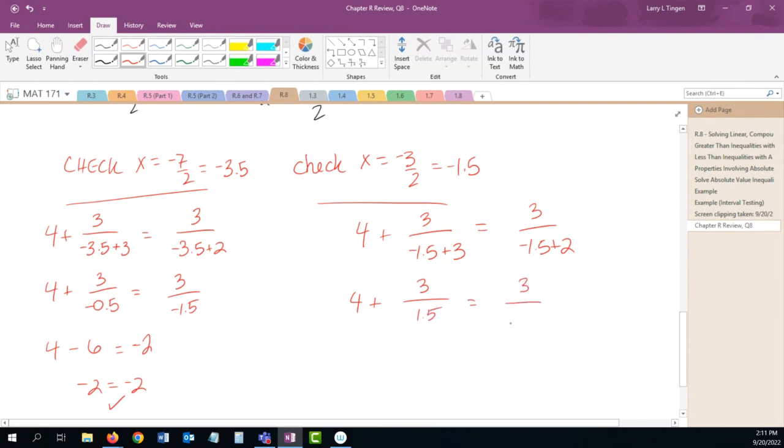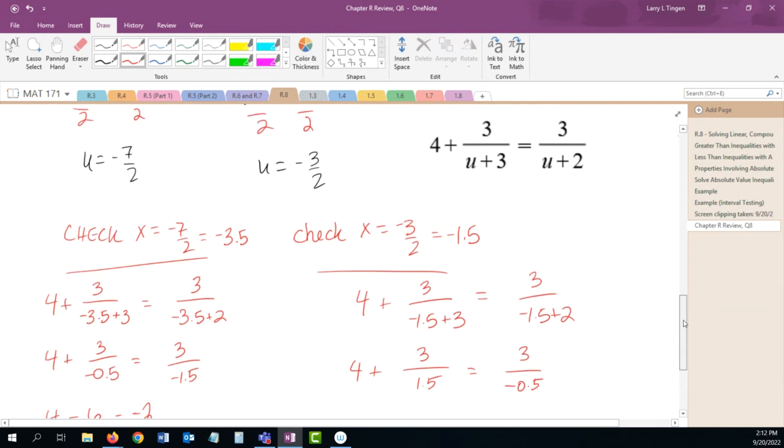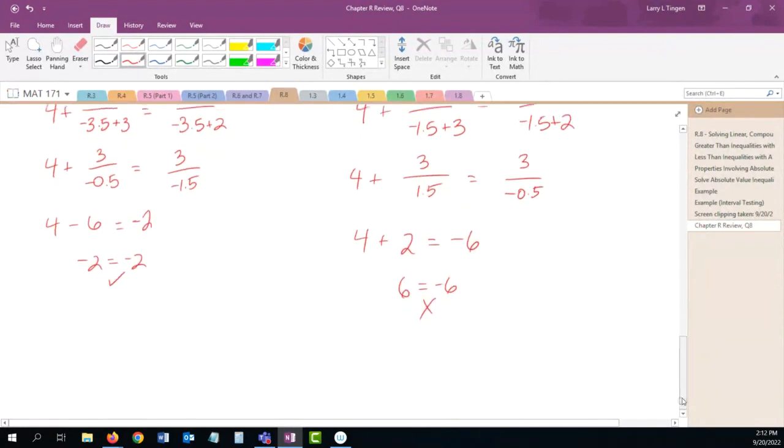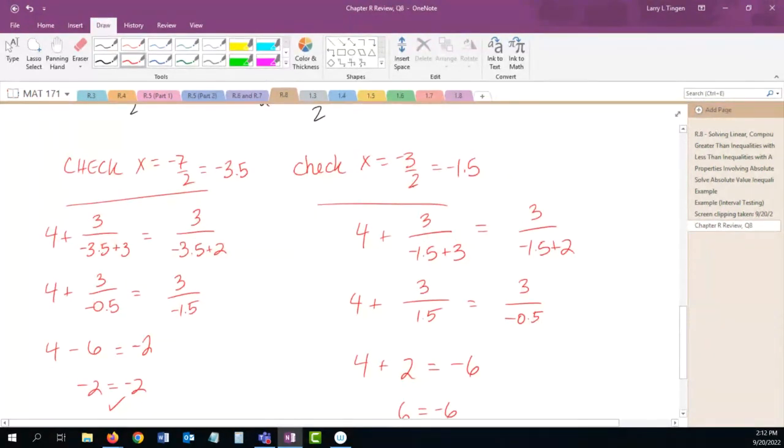And then -1.5 plus 2 is -0.5. 4 plus 2 is equal to -6. And I get 6 is equal to -6. That's not true.